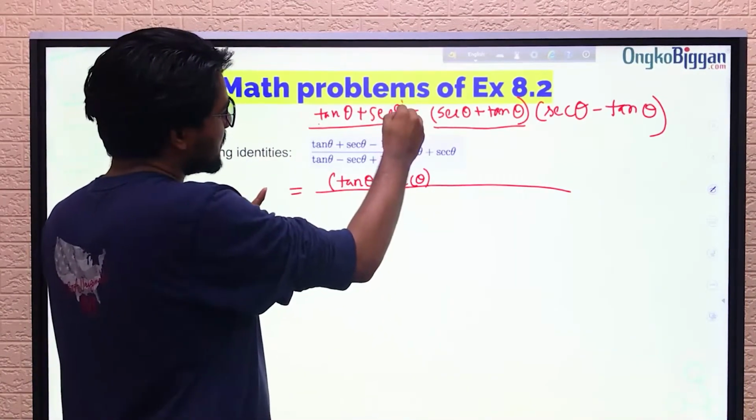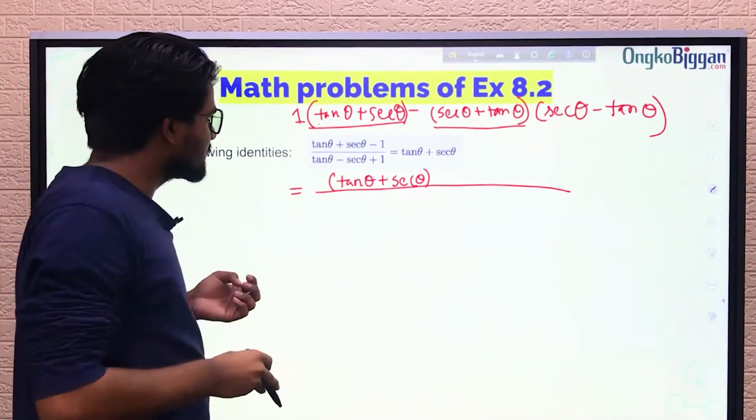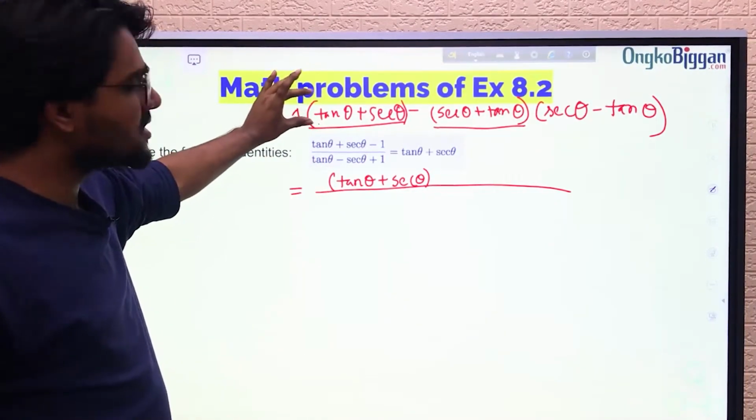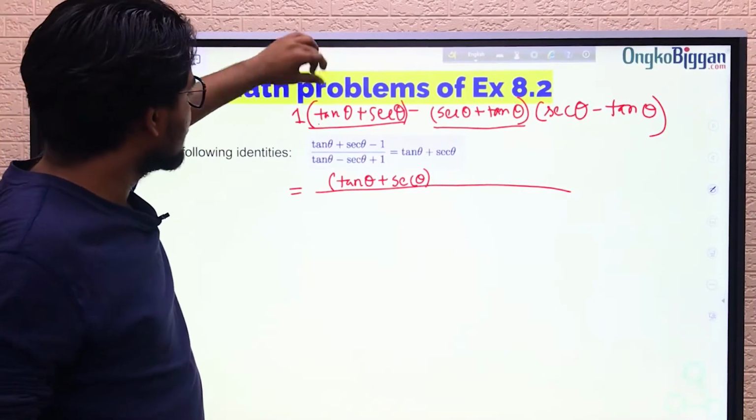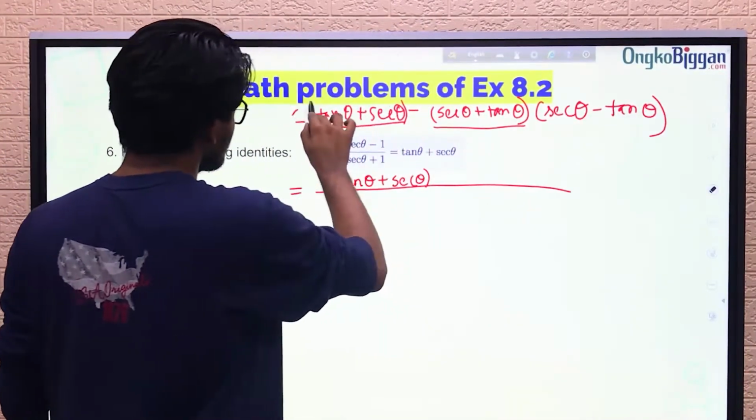If we take this part as common, we should have a 1 before it, because if you multiply this expression with 1, we get the value without the bracket.